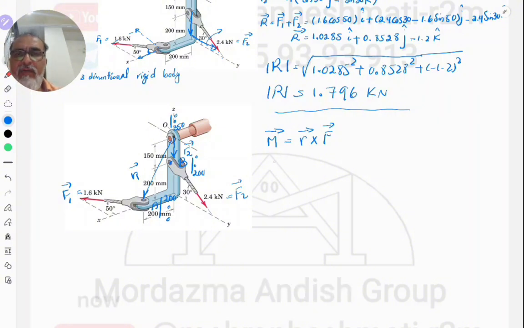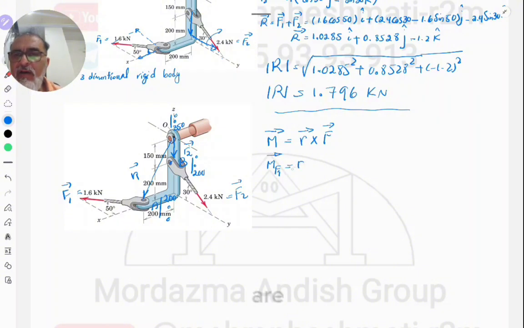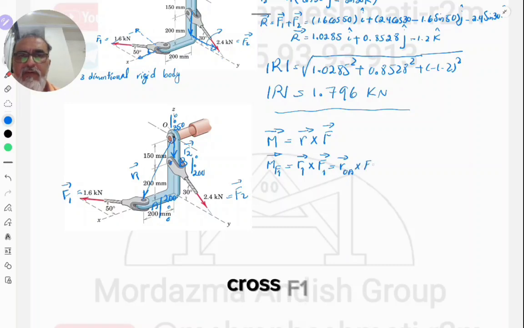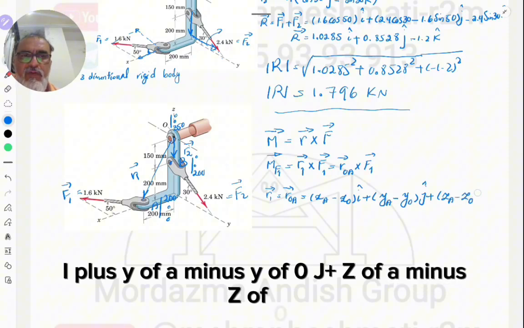Now, first of all, we want to find M of F1, which is r1 cross F1, or r, or A cross F1. r1 is X of A minus X of O i plus Y of A minus Y of O j plus Z of A minus Z of O k.